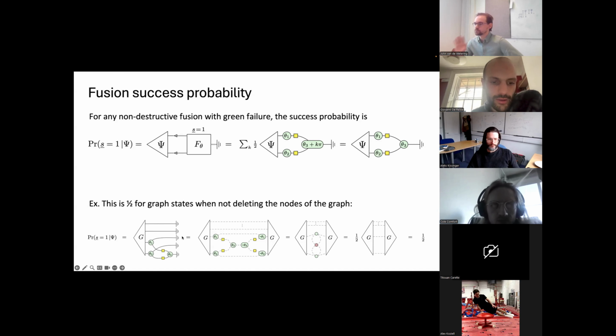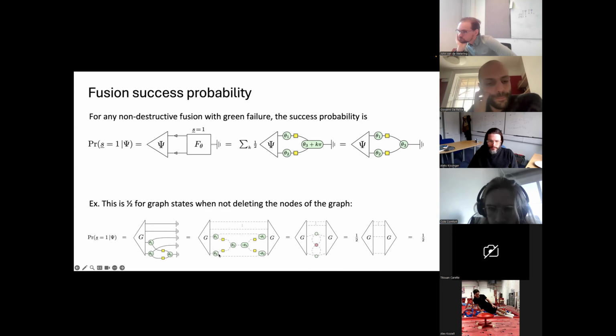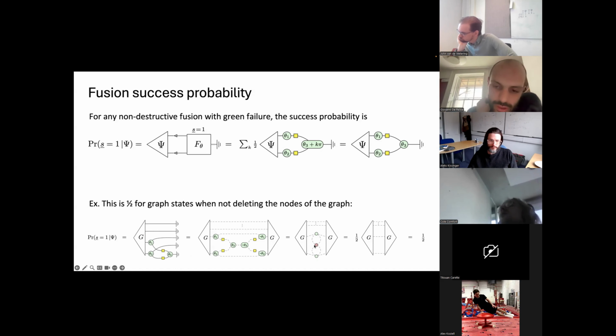Whereas if we were able to measure those qubits separately, as in this picture, then we can rewrite this diagram, and here we actually get 1/2 as the probability of success for any state that has this form. G could be any state. So this proof works in general, but we had to assume the fact that the nodes that you're fusing are unmeasured. And the scalar 1/2 comes from the hop flow in this last step.